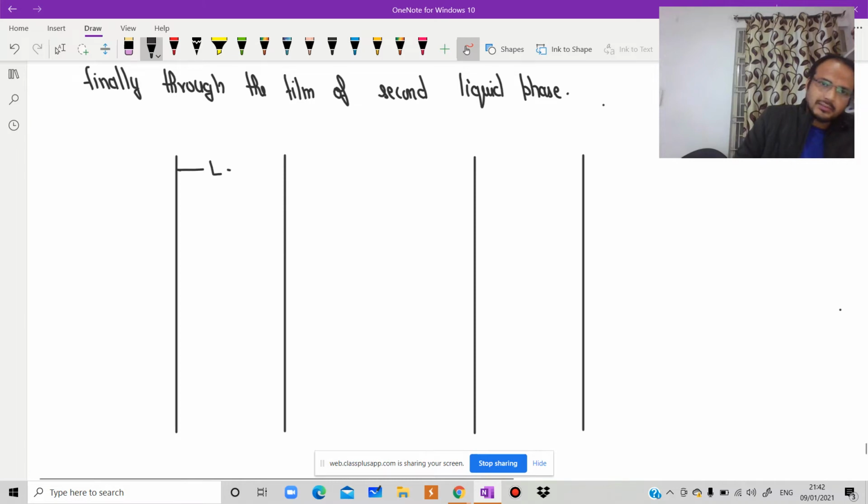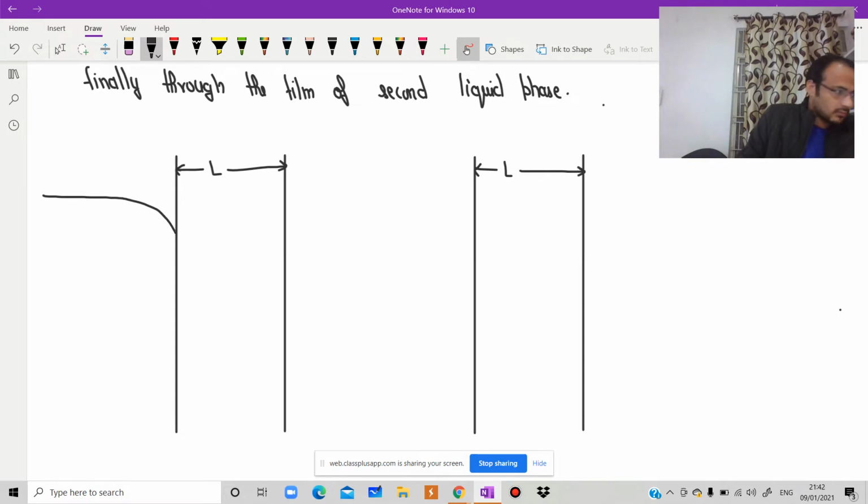This is length L. This is also length L. This is C1. This is KC1.